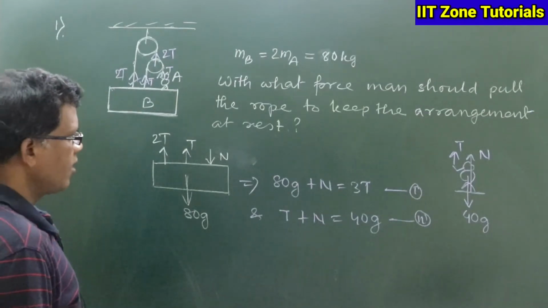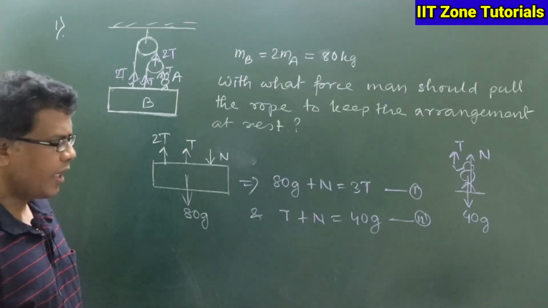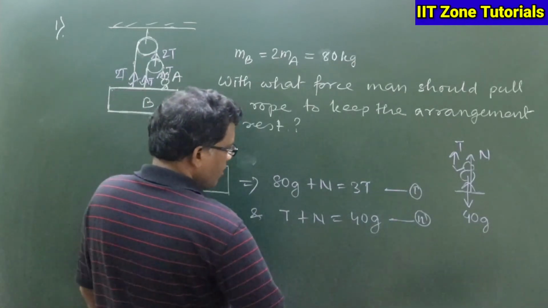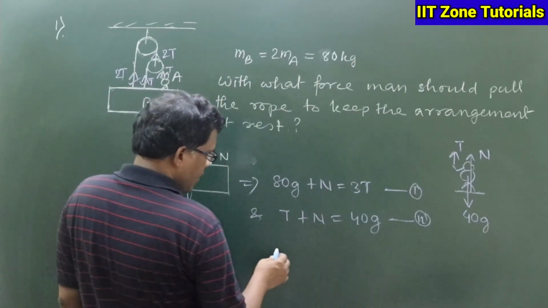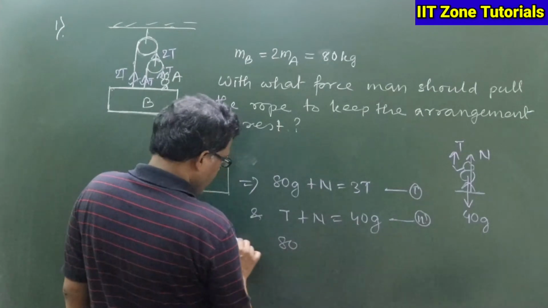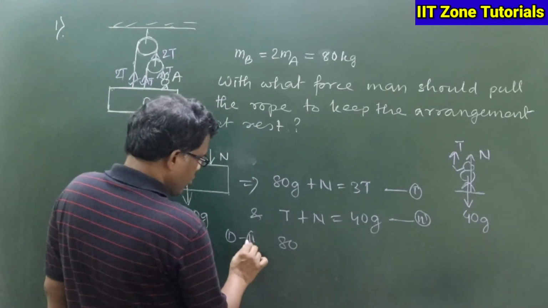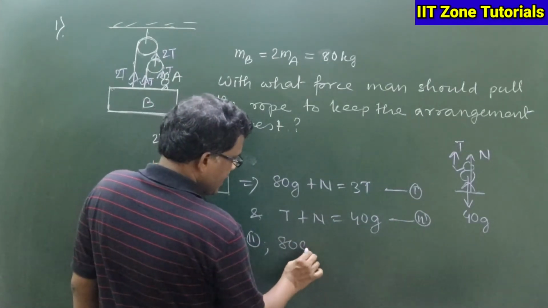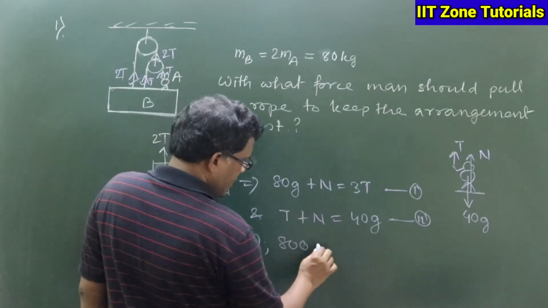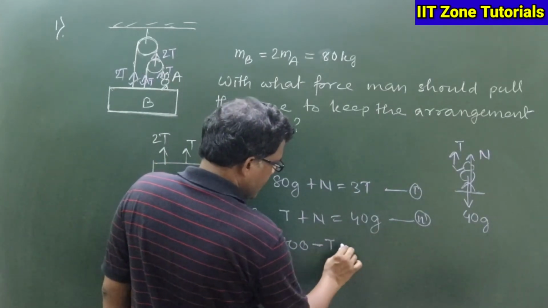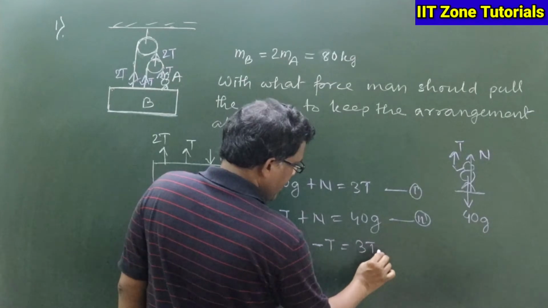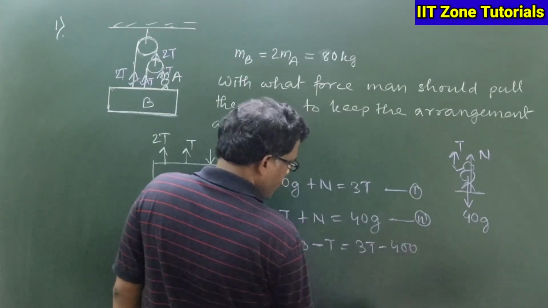Therefore, to calculate T we should eliminate N. If we eliminate N, that means equation 1 minus equation 2. Taking g as 10, it is 800 minus T, N gets cancelled out, it is 3T minus 400, right?